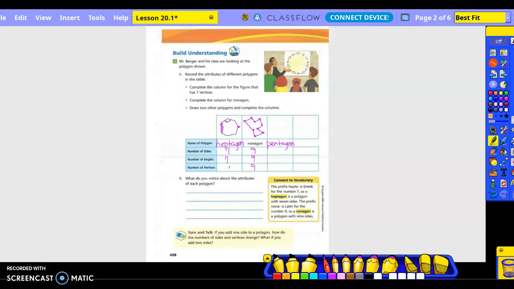Hepta means 7, nona means 9, penta means 5. So 5 sides, 5 angles, 5 vertices. Once again, does it have to be a particular shape? No, just something with 5. So 1, 2, 3, 4, 5.